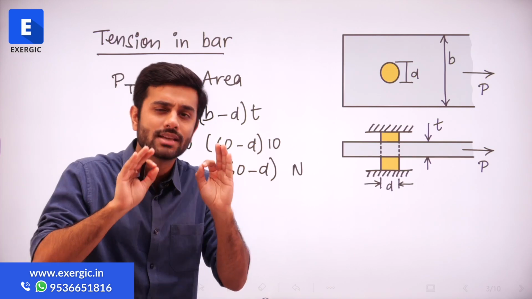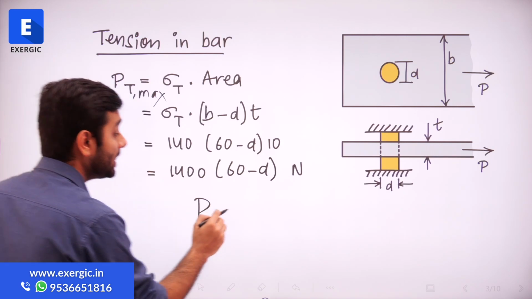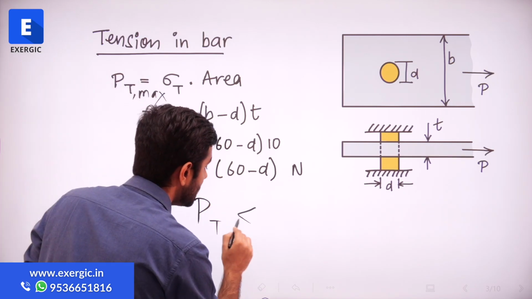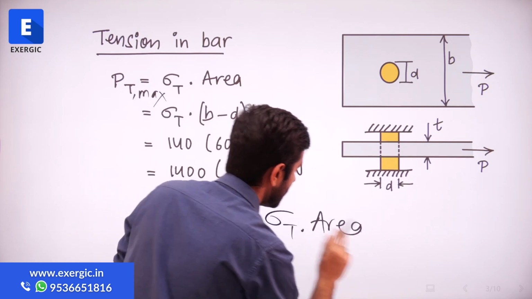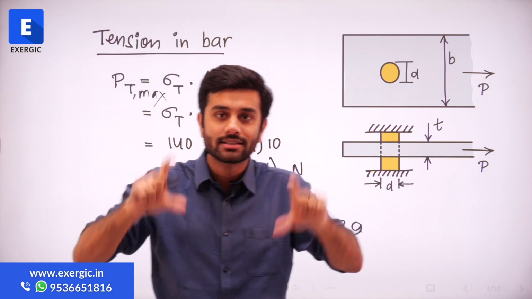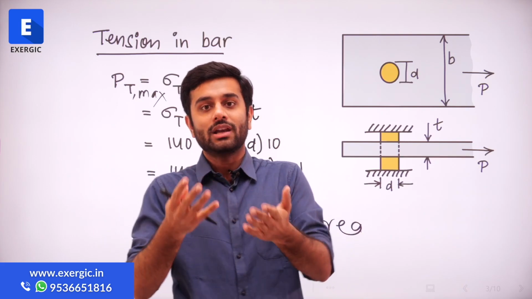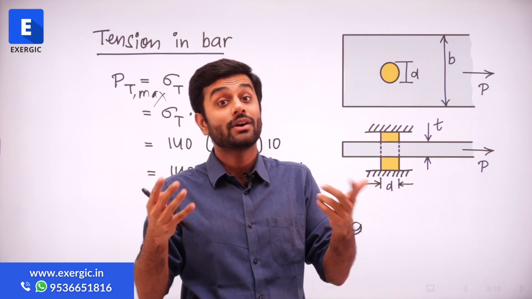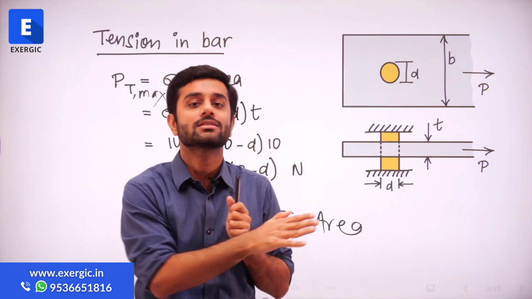If I want to write a general expression, then that expression would be PT should be less than or equal to sigma T multiplied by area. Sigma T multiplied by area is telling you the maximum value of PT that this bar can sustain as a tensile load. But obviously the value of P can vary. Why are we talking about variation right now? Because we are in the graph where every variation is possible.